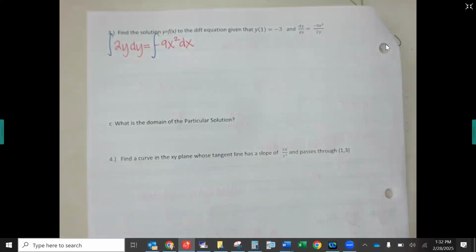So the 2y dy, and then the negative 9x squared dx. And then do the integral, don't forget, plus C only on the x side.